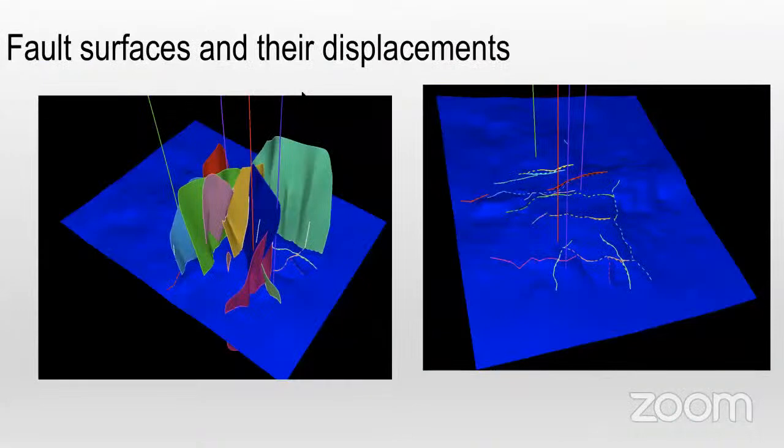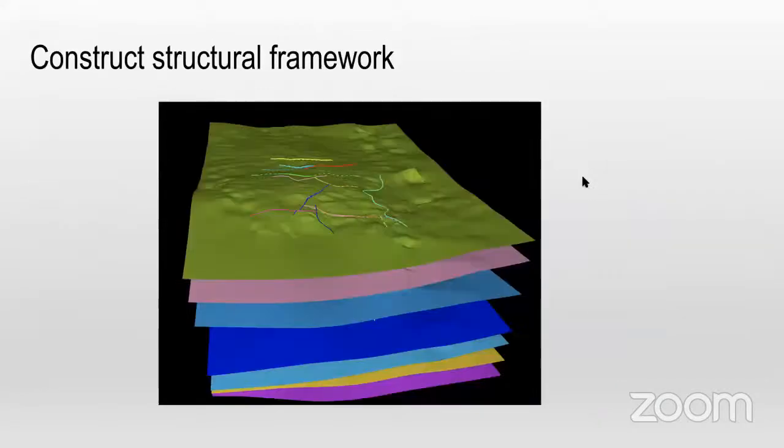Okay, as I mentioned, that's the result of one of the fault study or structural modeling, and the geophysicist actually gives us the faults, and we imported those faults. You can see the effect of those faults on surfaces. You can see some sort of displacement on surfaces. And after that, you must construct a structural framework.